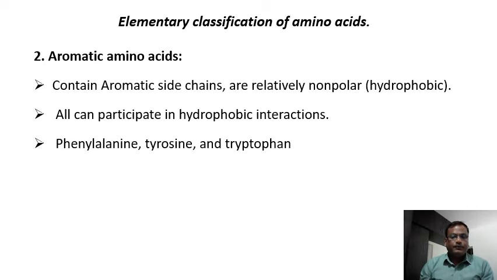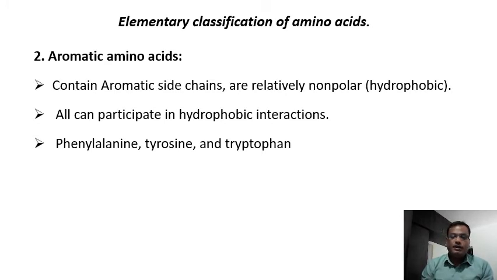Then the second one is aromatic amino acids. The name itself tells you aromatic. They have a pleasant smell. They contain aromatic side chains and they are relatively non-polar. They are hydrophobic in nature. These amino acids are hydrophobic and all can participate in hydrophobic interactions.